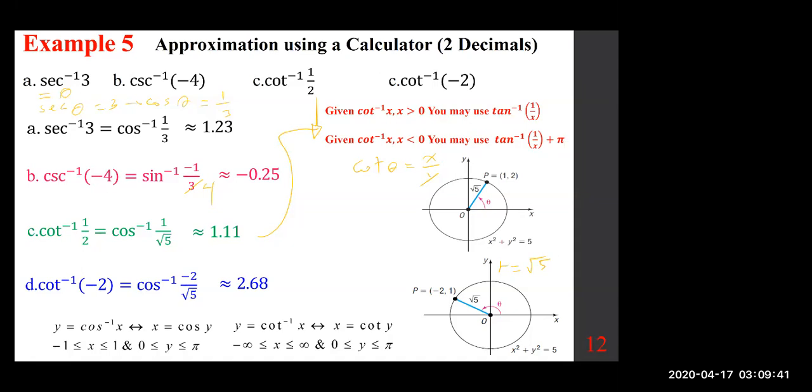If the tangent inverse is negative, it's going to be in the fourth quadrant, class. Remember, the inverse function for tangent gives you a negative value, in the fourth quadrant. So to bring it to the second quadrant, you need to add pi. Okay, that's why. All right.